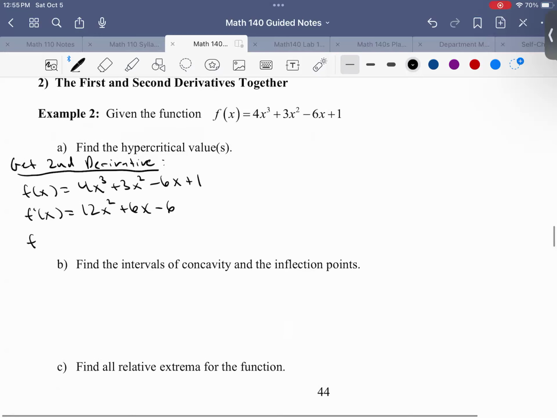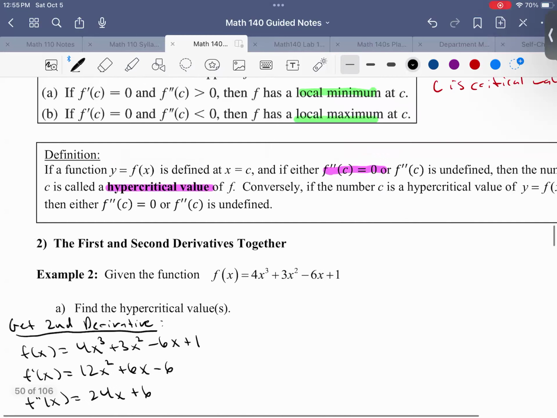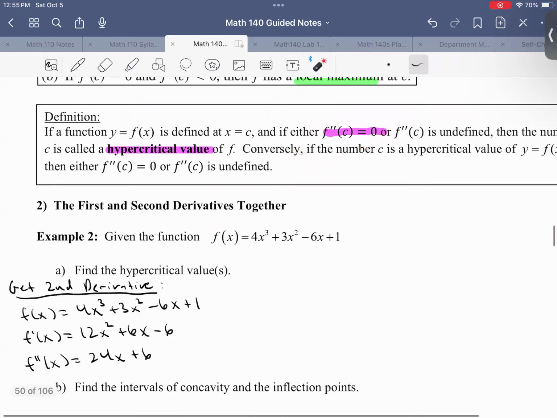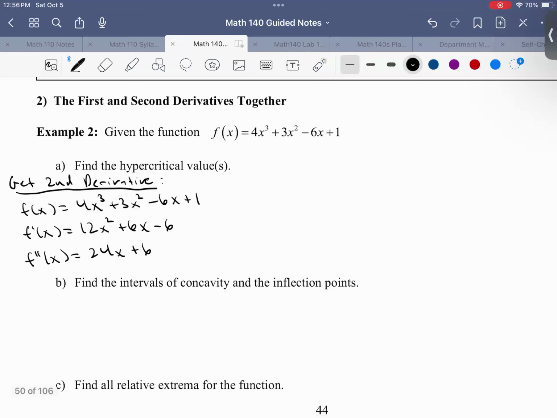So the second derivative of this is going to be 24x plus 6. All right, so once again, it's when the derivative equals 0. So I got to set this equal to 0. So say set the second derivative equal to 0.